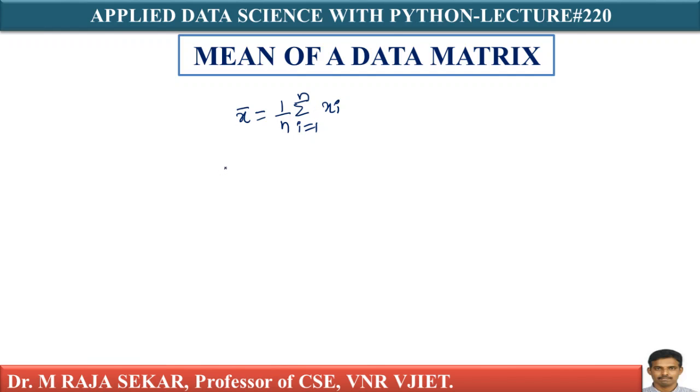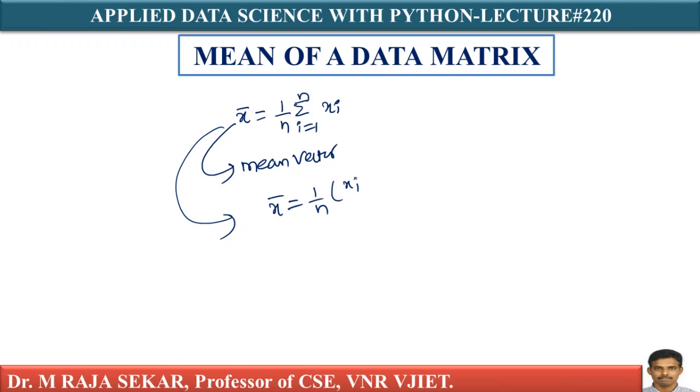X bar is called the mean vector. I can write this x bar as 1 by n into x1 plus x2 plus so on xn, that is, x1 plus x2 plus so on xn divided by n.